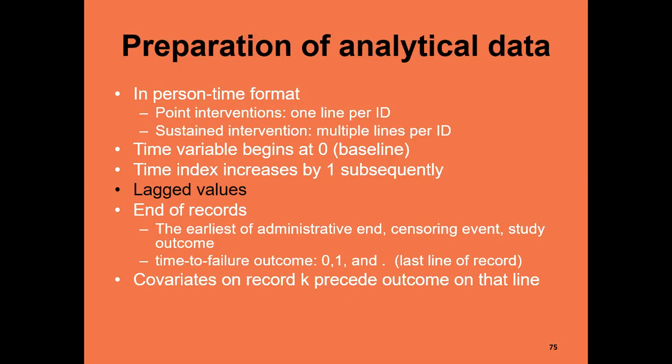Oftentimes we need to generate variables to reflect lagged values, previous values, and also we need to define the end of records correctly, which often is the earliest of censoring events. For a time-to-failure outcome, we can define that the failure will be the last line of the record.